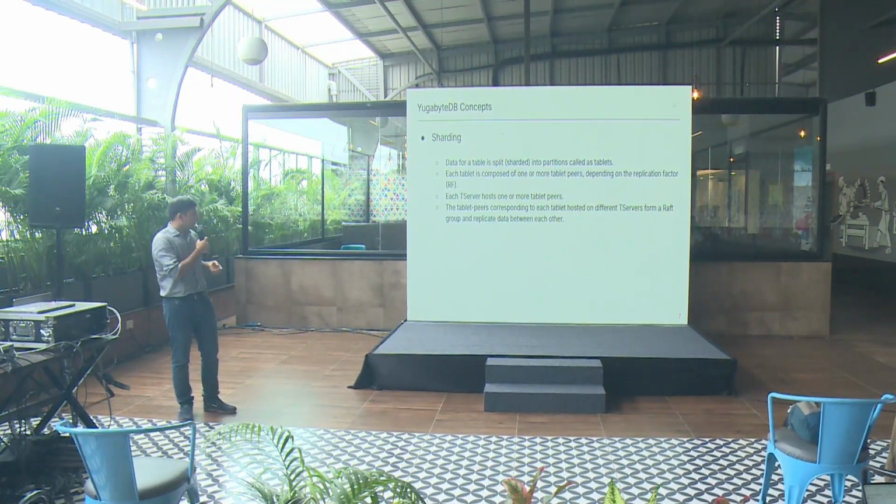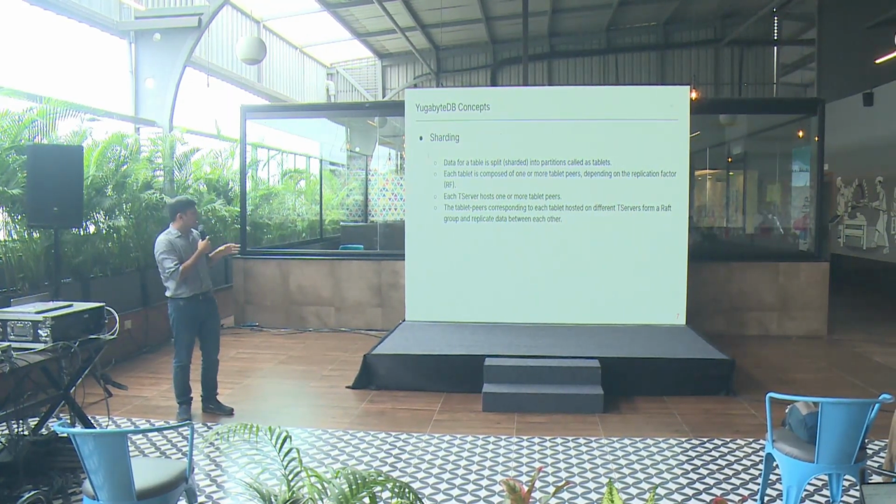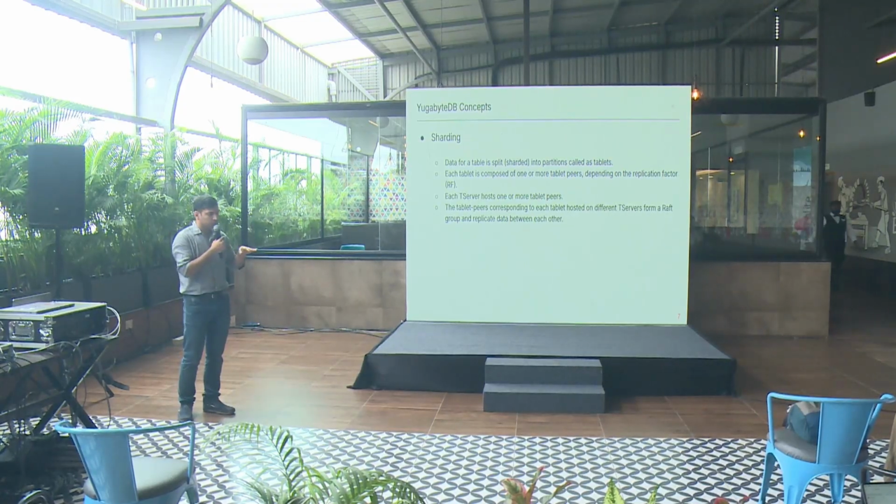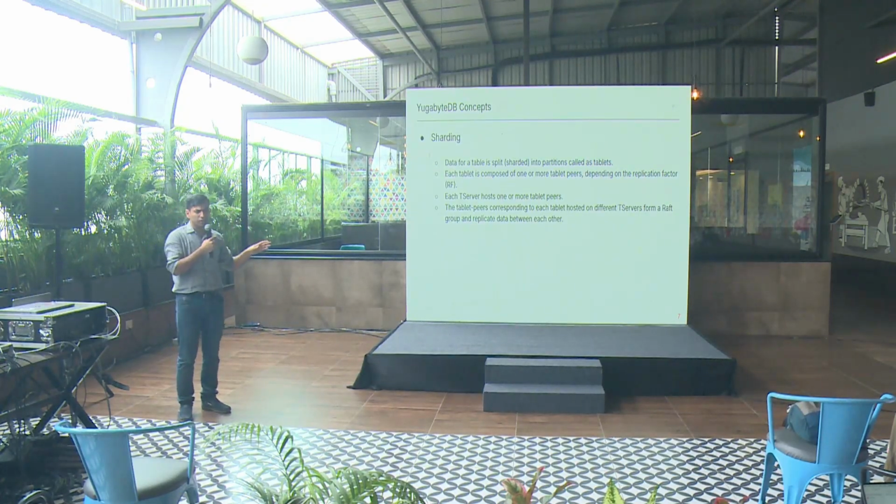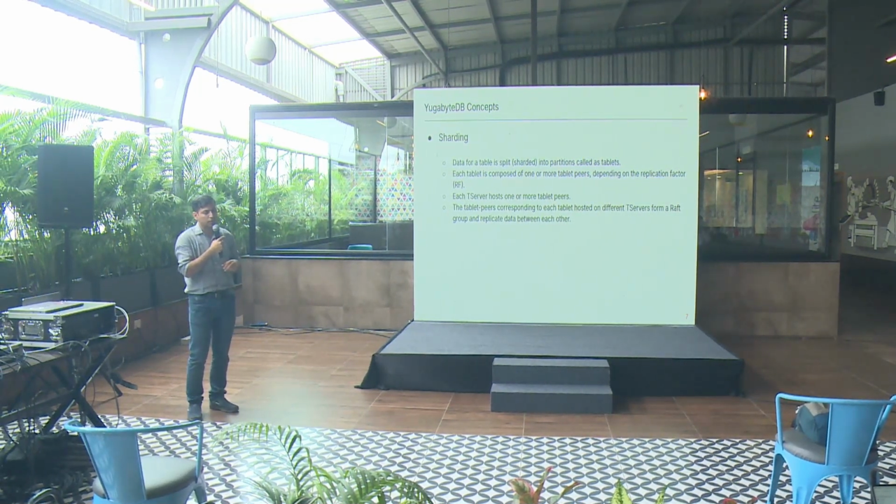The last point is how they make a Raft group. Whenever I talk about nodes, it's essentially T-servers, because those are the ones which hold the data. All the T-servers which hold the tablet peers form a Raft group, and they replicate the data between each other.